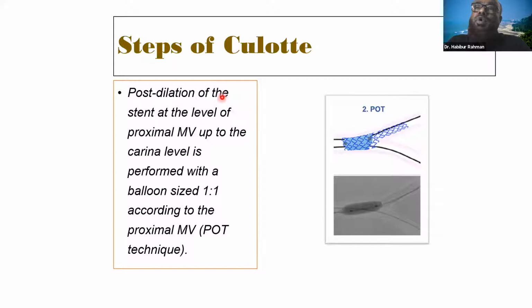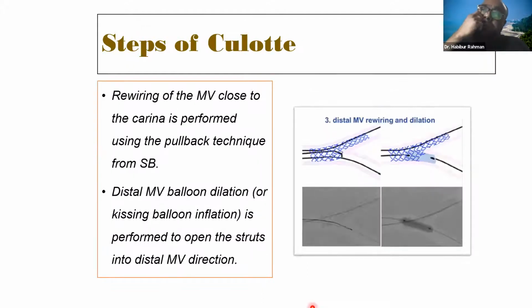Then post dilatation of the stent at the level of the proximal main branch up to the carina level is performed with a 1:1 size balloon, that is called POT. After doing POT, the rewiring is very important, and rewiring should be through the distal strut, not the proximal strut.